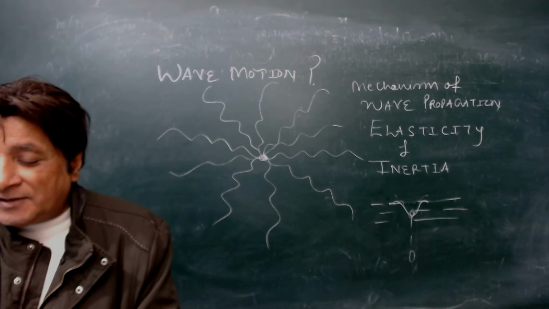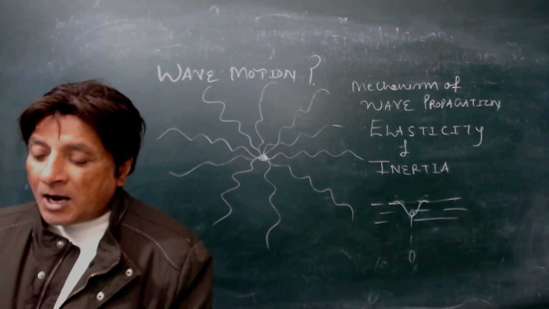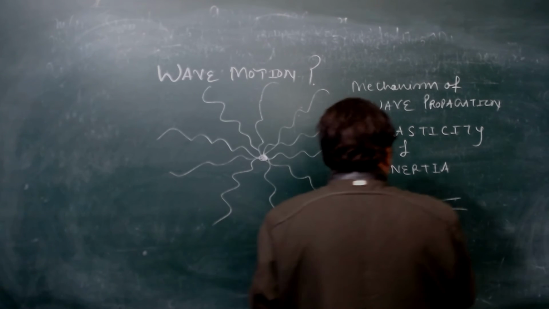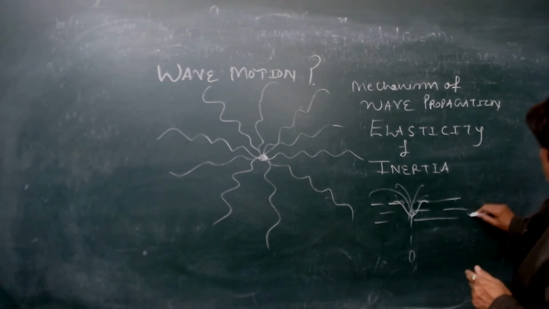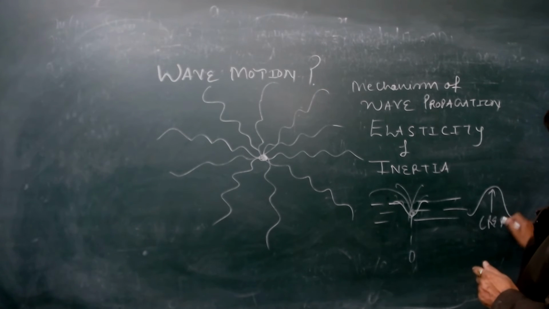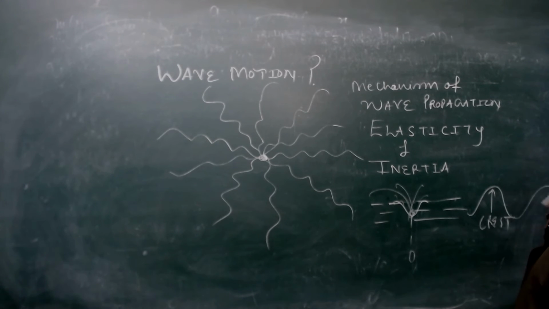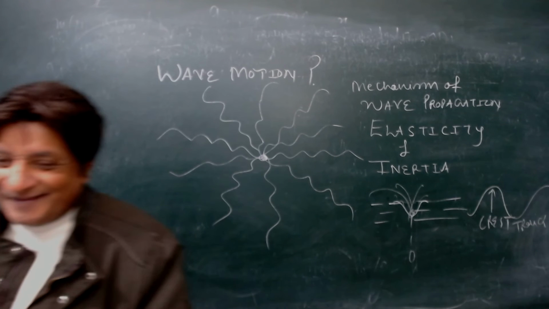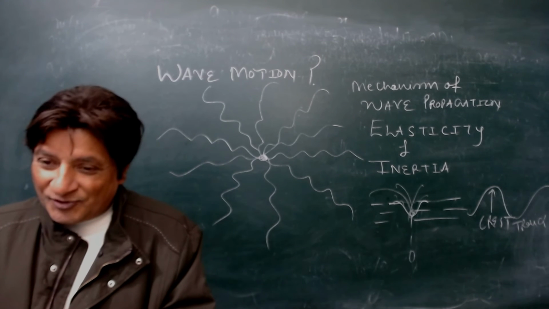As a result of this, the level of water at that place becomes higher than the surrounding level. So water continues to pour. It becomes like this. This is called crest. Then it becomes trough. So ripples are formed. Interesting.